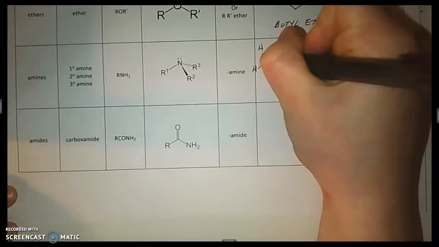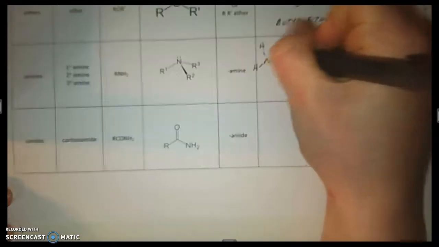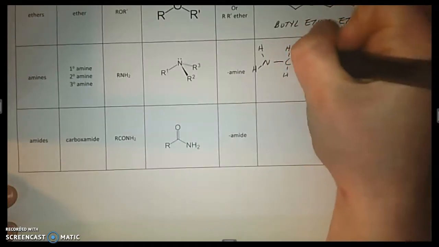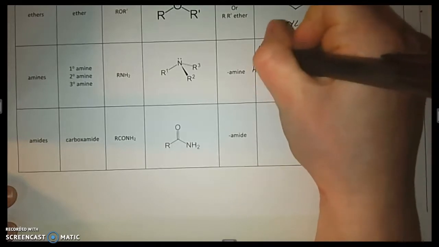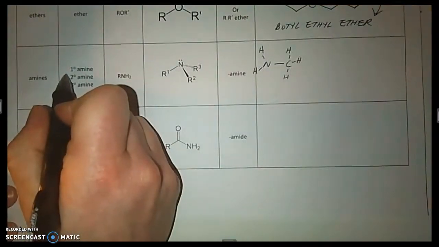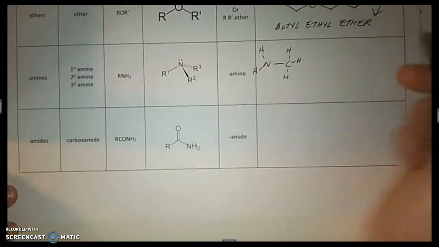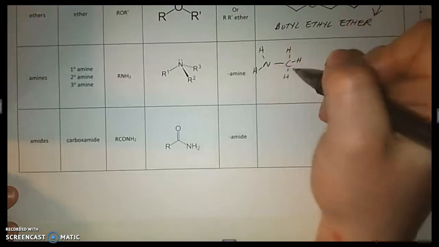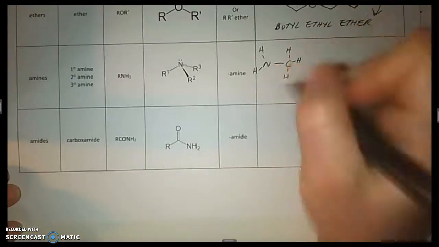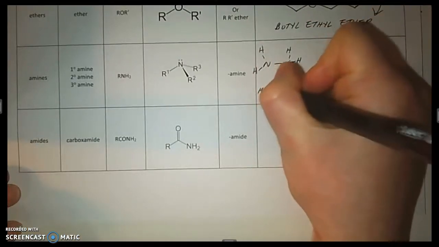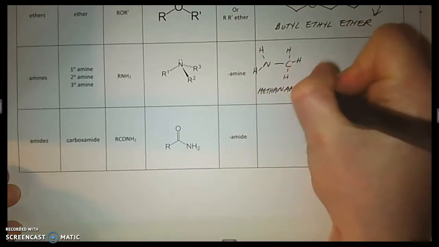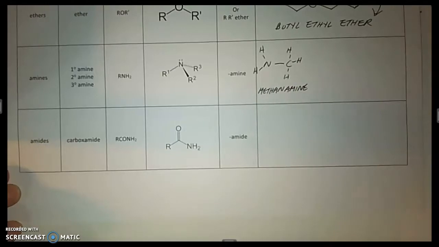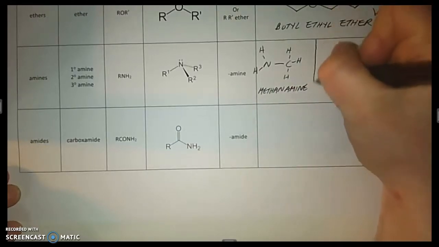My nitrogen has 1 bond to a hydrocarbon chain, that's this right here, and I filled up my bonding spots with hydrogens. The other 2 bonding spots on the nitrogen are just filled with hydrogen. So that makes this a primary amine, because we only have 1 bond to a hydrocarbon chain. And because there's only 1 carbon there, this would be methanamine. That's an example of a primary amine.